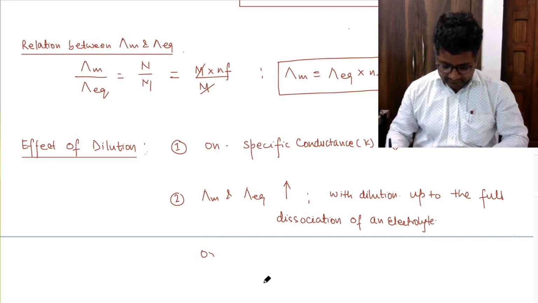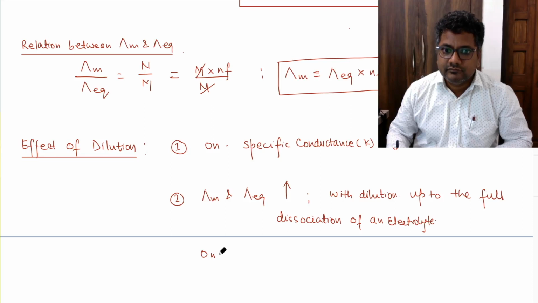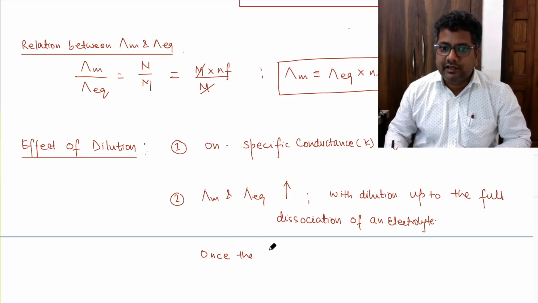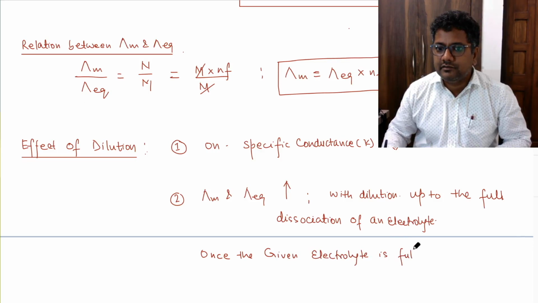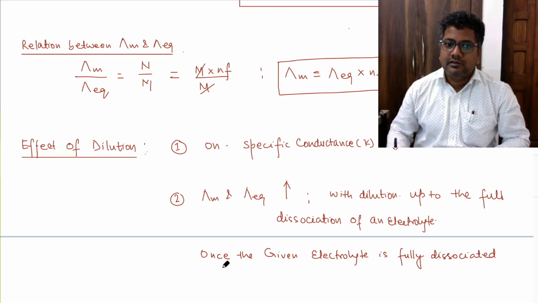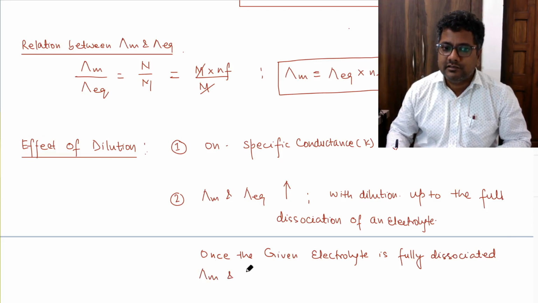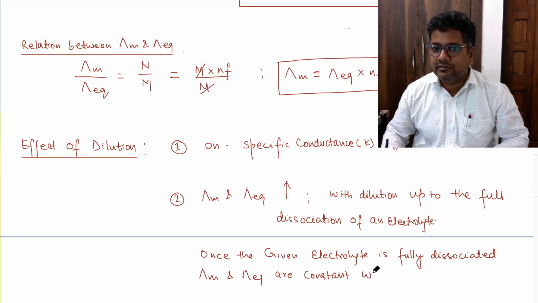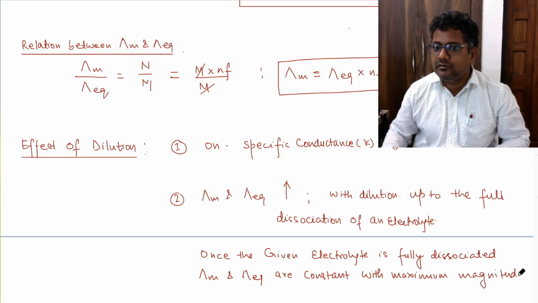Once the given electrolyte is fully dissociated, this lambda m and lambda eq are constant with maximum magnitude, right?